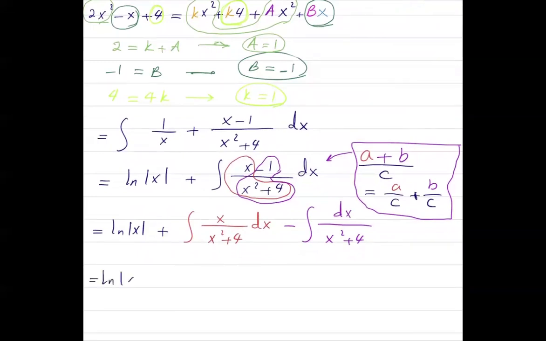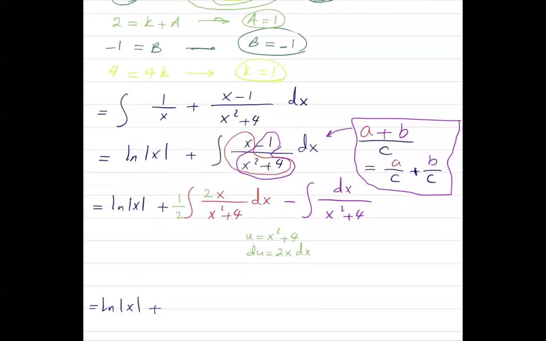This is ln|x| plus, here if I use u-substitution, take u to be x squared plus 4, du is 2x dx. So you have a 2, you have a half. Plus a half integral of du divided by u minus, for this one we had a formula, right?